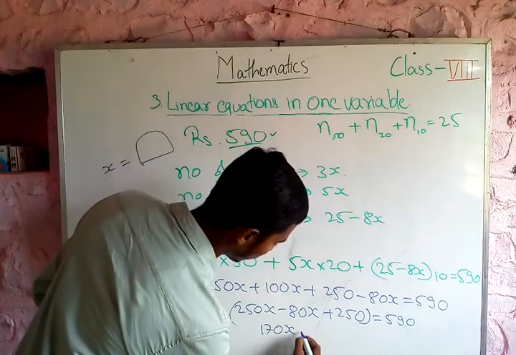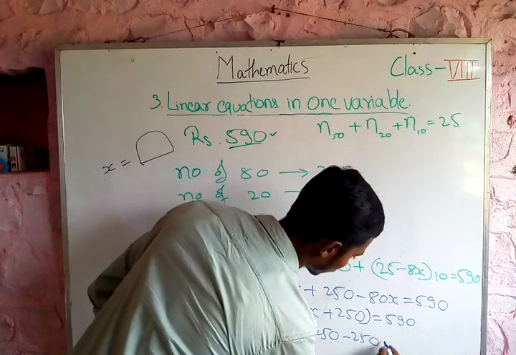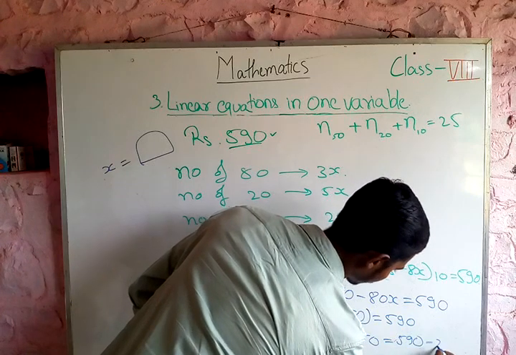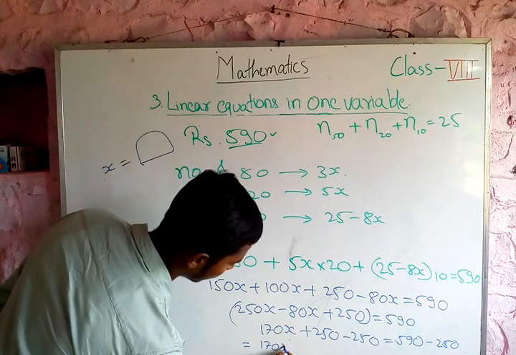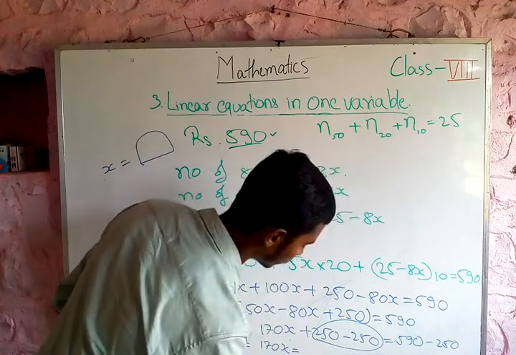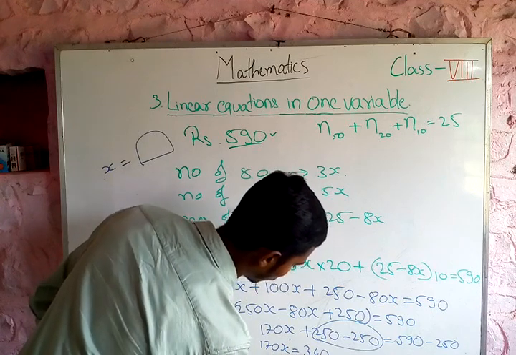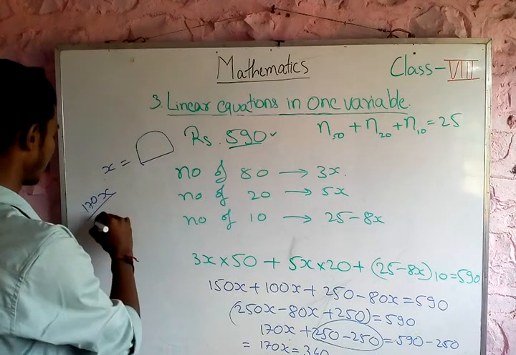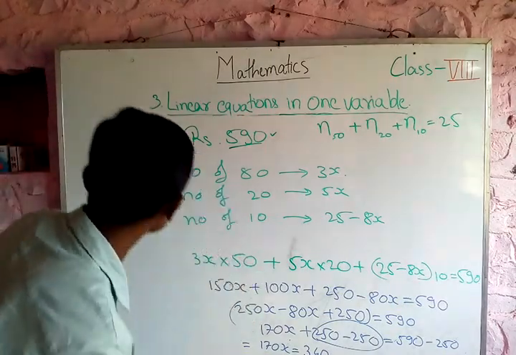To do so, I will do 170x plus 250 minus 250, and on this side 590 minus 250, so it reduces to 170x is equal to 590 minus 250, which is 340.